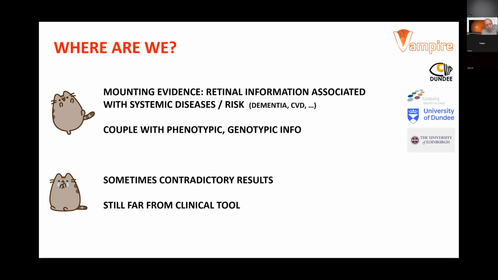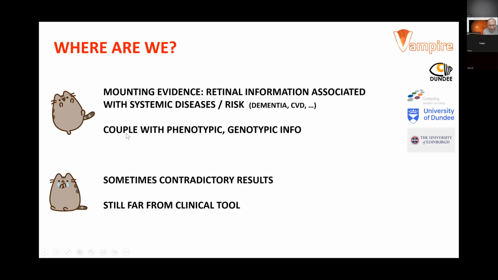The good news is that there is mounting evidence that retinal information does associate with the risk of systemic disease, the progression of systemic disease, and I keep referring, of course, to dementia, in particular vascular dementia, and cardiovascular disease, but also other things like complications of diabetes, chronic kidney disease, and so on.